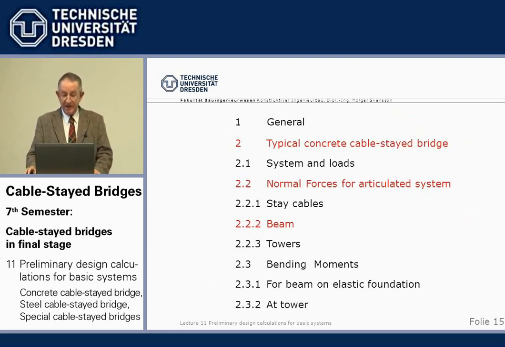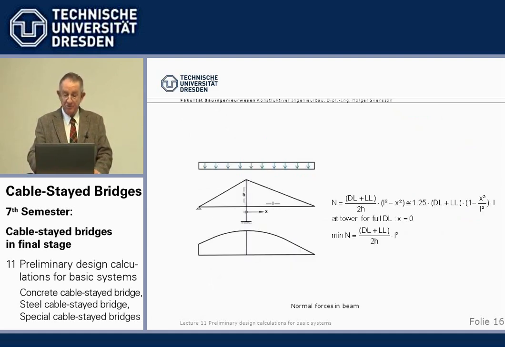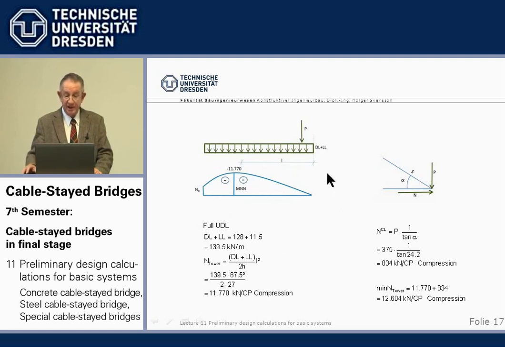Now, we look into the normal forces of the beam. There in the lecture before, I gave you a complete formula if we have the live load and the dead load over this system. Can do it directly, and we arrive at the maximum compression from dead full UDL, full uniformly distributed load of 11,000 at the tower.